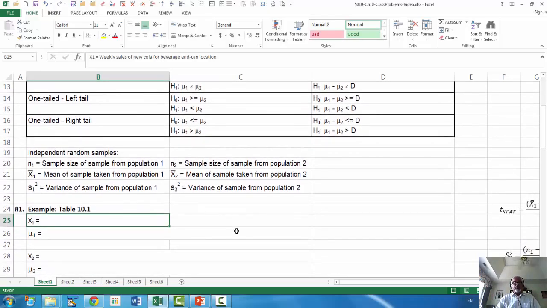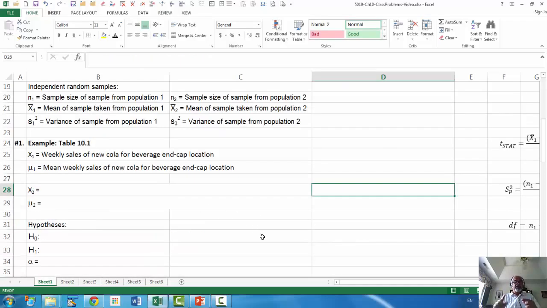Okay. So let's look at the problem that we just looked at from the textbook. Here X sub 1 can be defined as the weekly sales of the new cola for the beverage end cap location, and therefore mu sub 1 is the population mean weekly sales for that location.